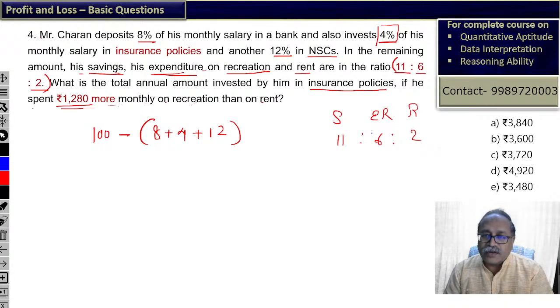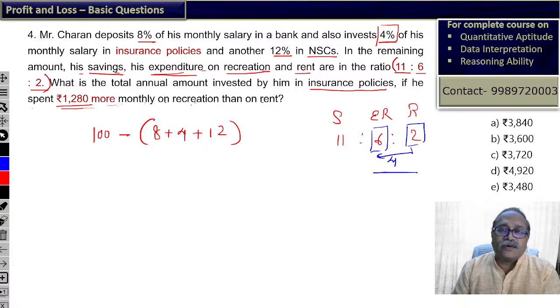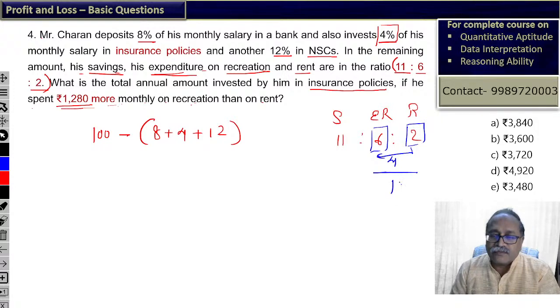This is recreation and this is rent. How many parts more? 4 parts more. Over how many parts? 11 plus 6 is 17, plus 2 is 19. And that value is 1,280.